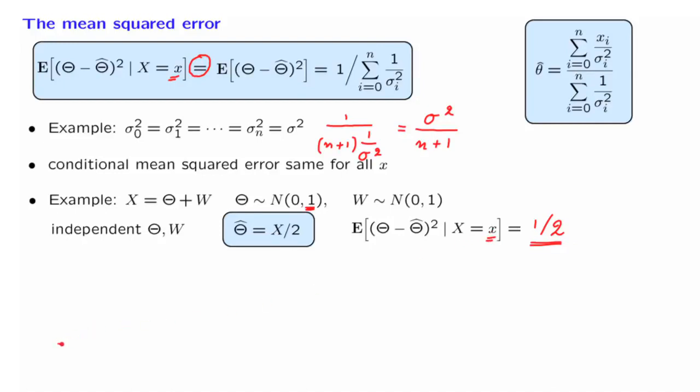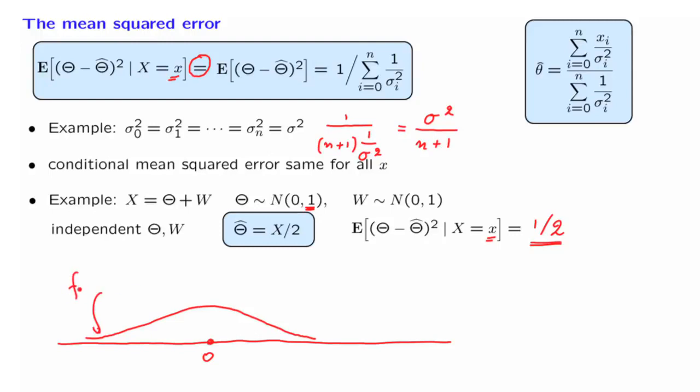And this is true no matter what little x is. Pictorially, here is what's happening. We start with theta being a standard normal, so it has a distribution of this form centered at 0. This is a plot of the density of theta, the prior density. Suppose that we obtain a measurement, and that measurement happens to be equal to 0.